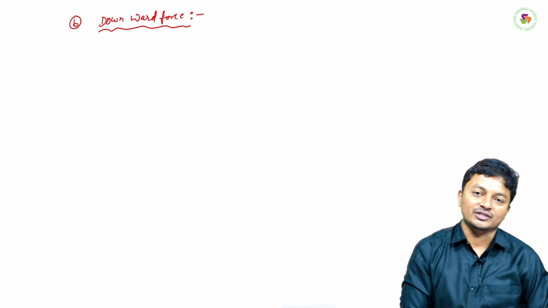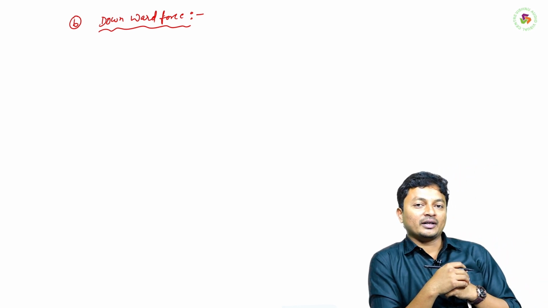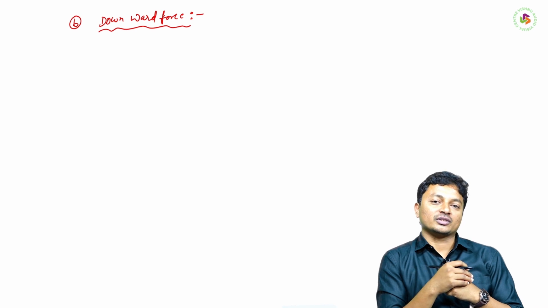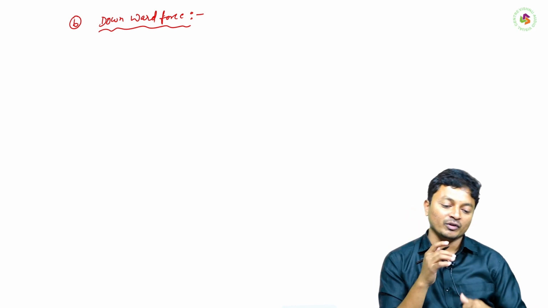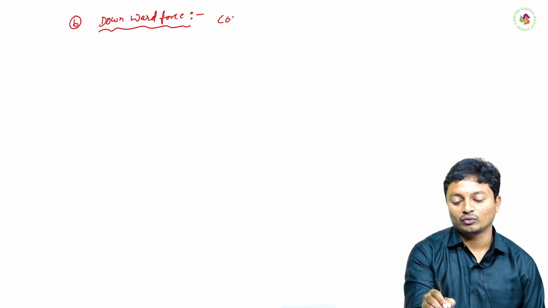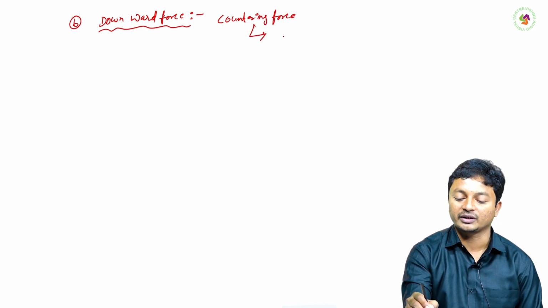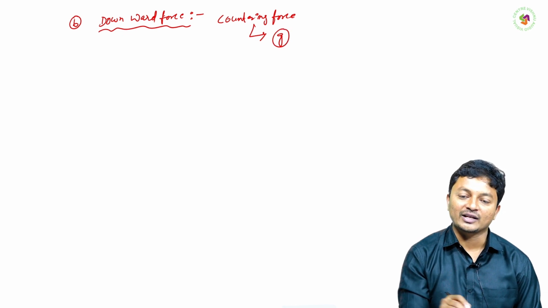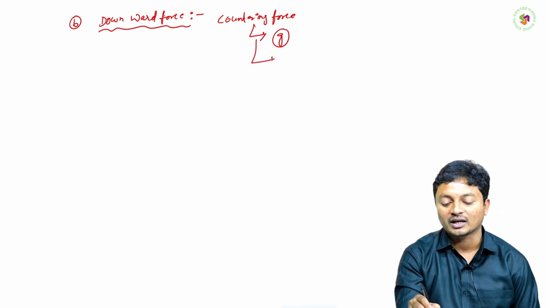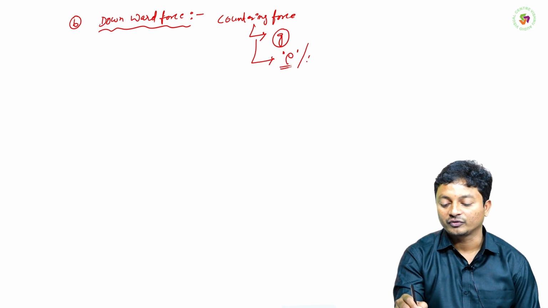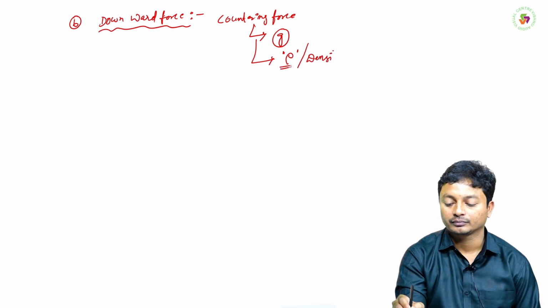As we discussed, at this downward force a countering force is involved, and that countering force is gravitational force. As we discussed, this countering force depends completely on the density of the sample.